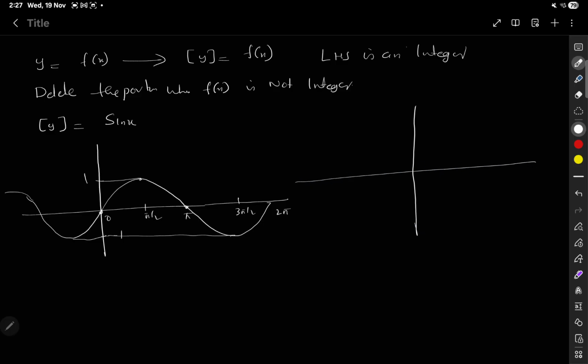When x is 0, sin x is an integer. So step y equal to 0. So what is y? Y belongs to 0 to 1. Correct? I'll take it here.